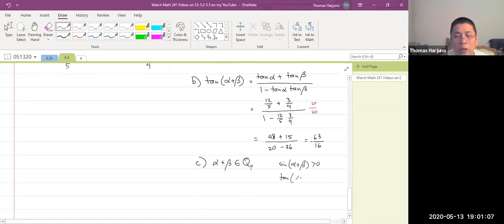So which quadrant is that angle supposed to be? It's in quadrant 2, that's right.